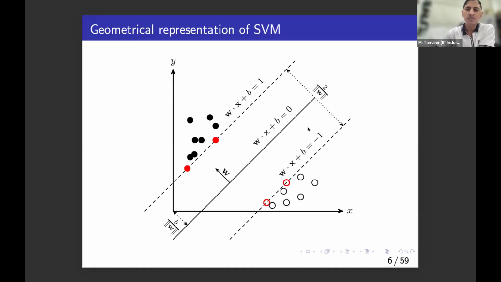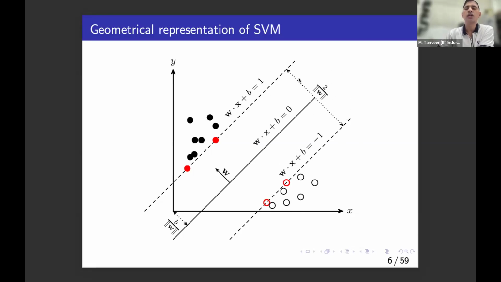Essentially, if you look at the mathematical part, the data points should satisfy w dot x plus b greater than or equal to 1 and w dot x plus b less than or equal to -1. With a simple formula, the margin comes out to be 2 upon norm of w.